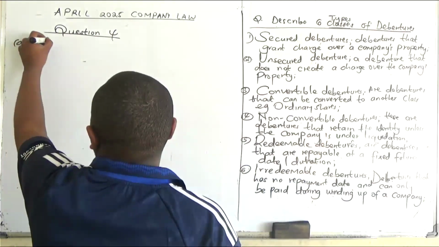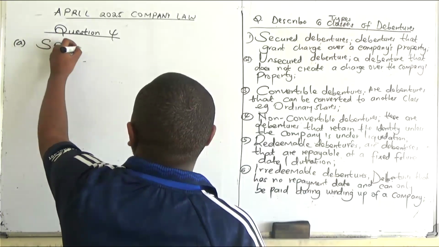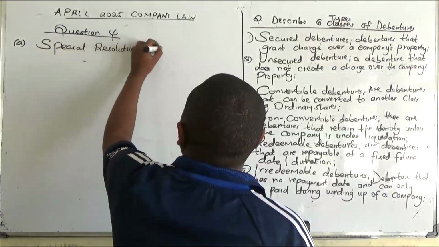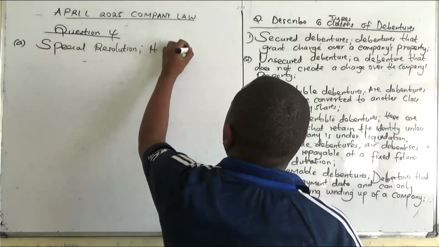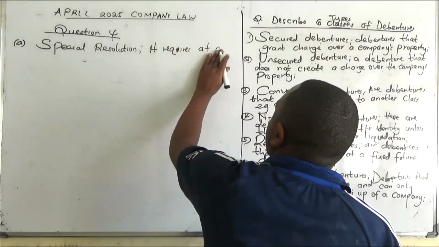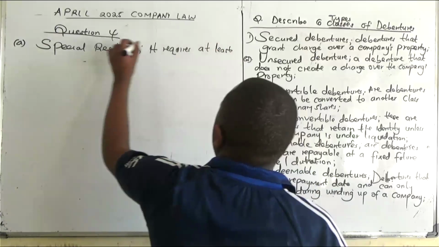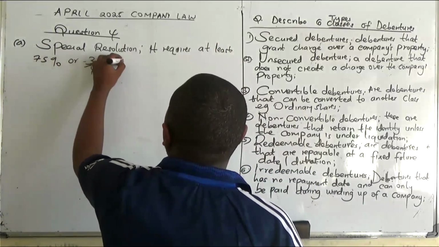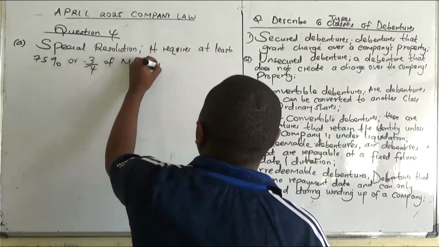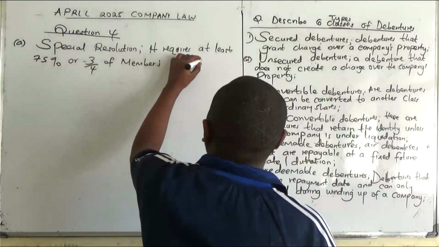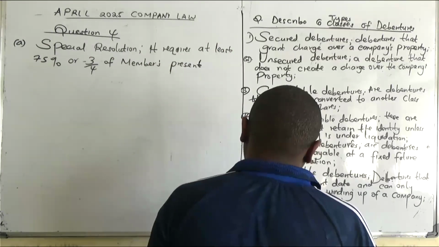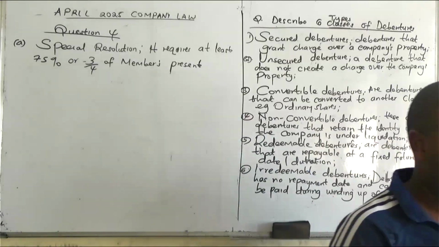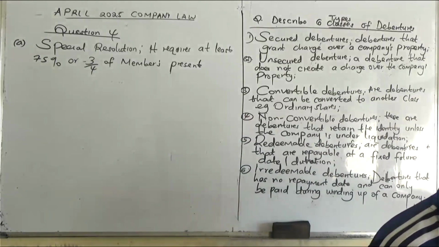So the first one, the special resolution, requires at least 75% or 3/4 of the members present. It is a resolution that requires 3/4 or 75% of the members present.